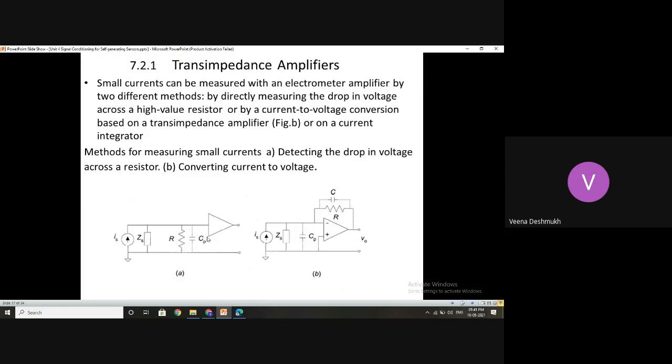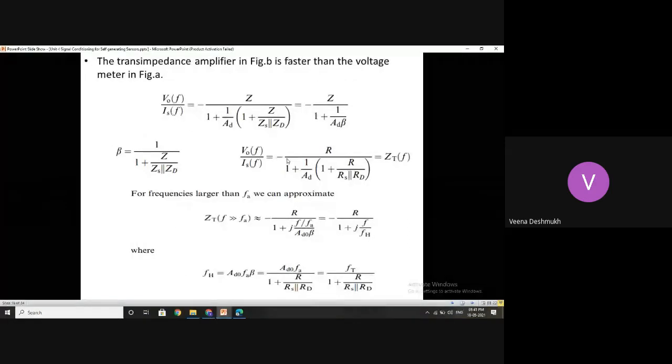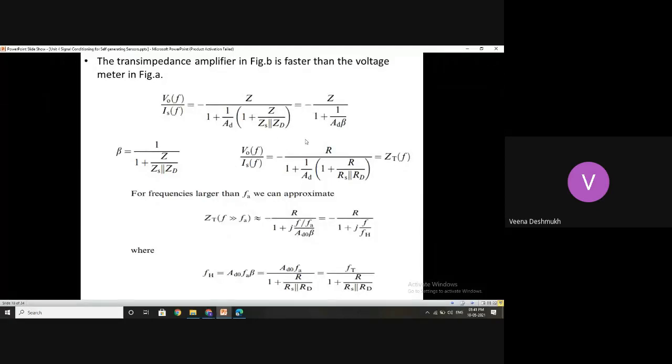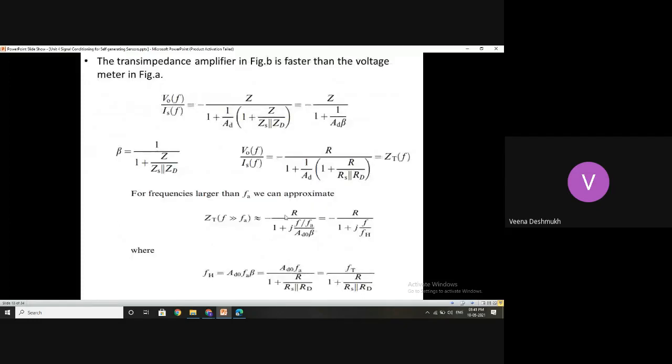So this R and CP come in parallel. So this is going to give me ZD. And also, source impedance has to be considered for all the calculations. You cannot ignore the source impedance. So by considering all of them, you get this ZD. So ZS parallel ZD. So here ZS parallel the CP and this combination, this input impedance, whatever is here, that gives me the device input impedance.